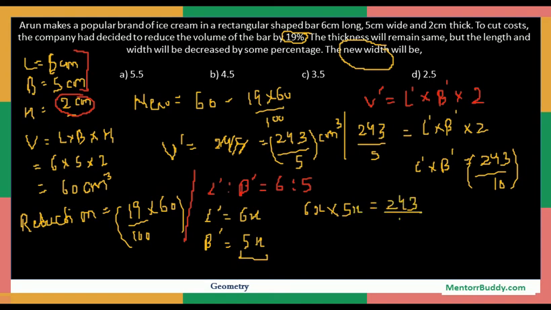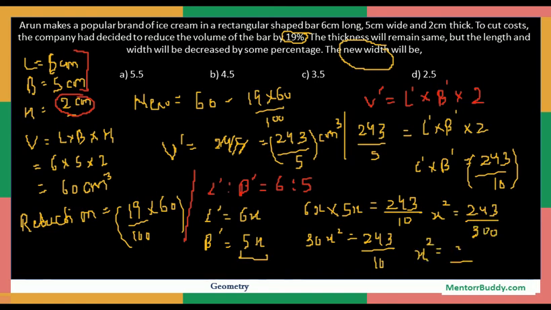Solving this will become 30x square is equals to 243 by 10. So x square is equals to 243 by 300, so x square will be equals to 81 by 100. So if x square is equals to 81 by 100, x will be equals to 9 by 10. So this is going to be the value of x.